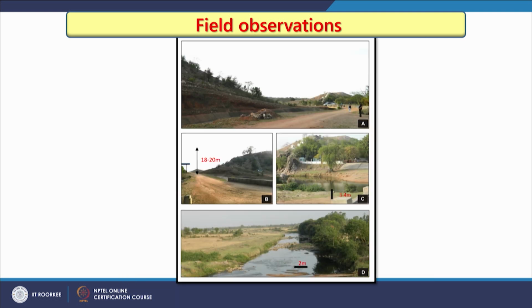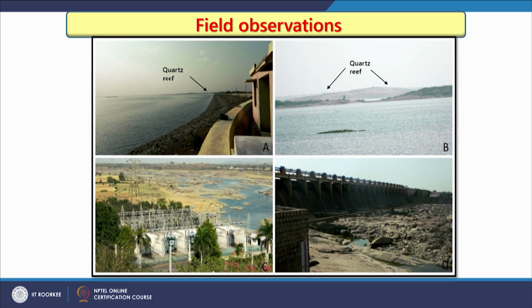There are a lot of such streams which can be exploited in this area, and a lot of examples of quartz reefs have been exploited in the past to create such reservoirs. These examples are here. You can see the quartz reef has been used to create a dam.